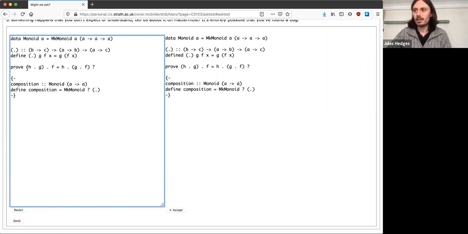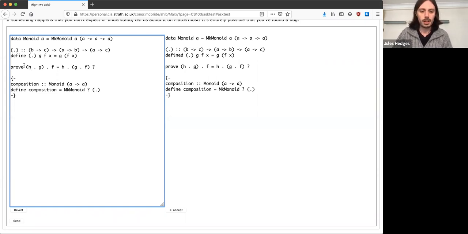The weakest reasonable thing that you could say is just that they send equal inputs to equal outputs. And that last one is the one that we're going to use. So for our purpose, we're going to consider two functions to be equal if they always return equal outputs for the same inputs. For example, that means that we can consider a slow function to be equal to a fast function, as long as they have the same input output behavior.